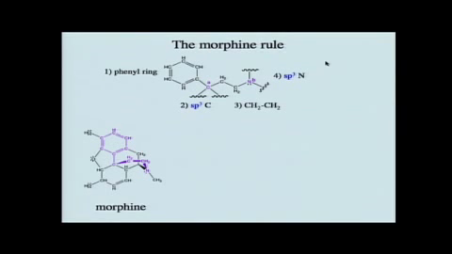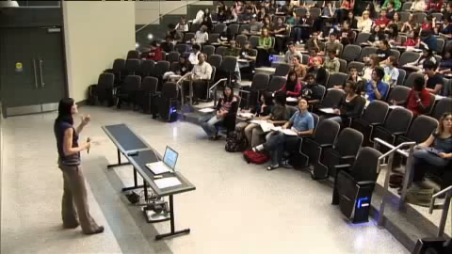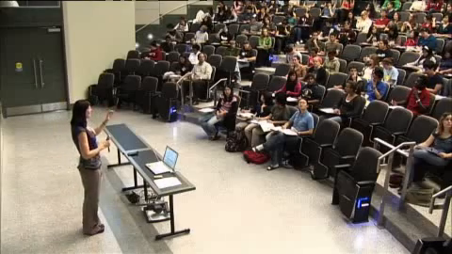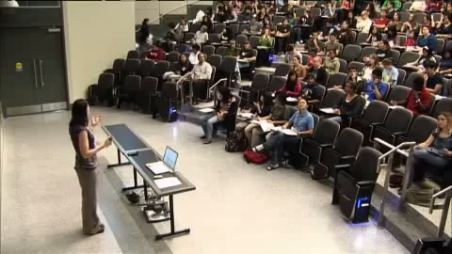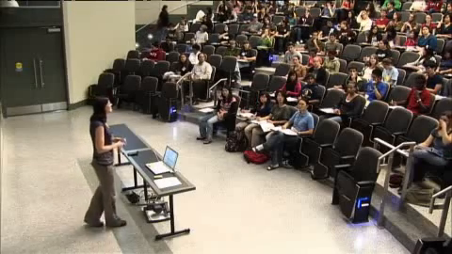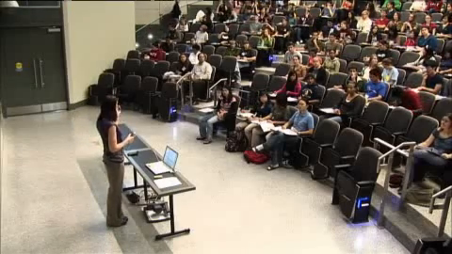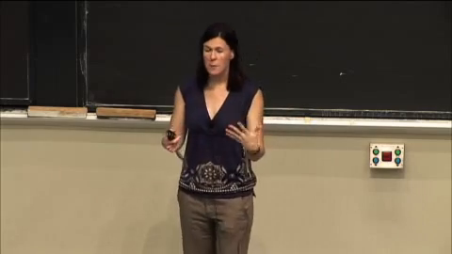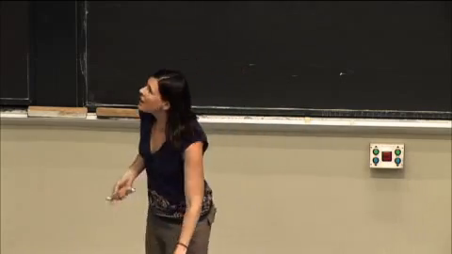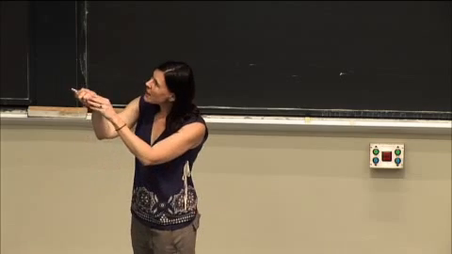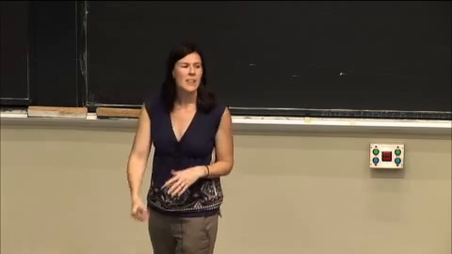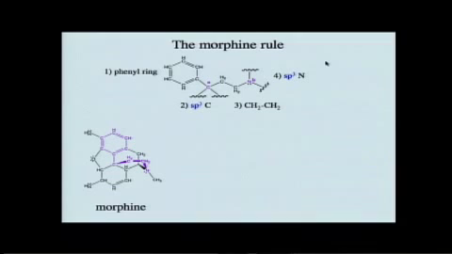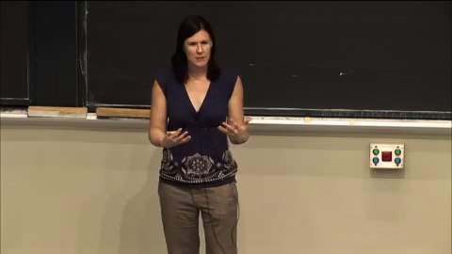This is what allows morphine to bind into its receptor, which is a pain receptor, and block the feeling of pain. That's very important in thinking about hybridization and geometry, because we've established a very important structure and shape, the morphine rule. If it's found in a molecule, as long as there aren't other parts of the molecule messing up that interaction, we can form a very tight binder into these pain receptors.